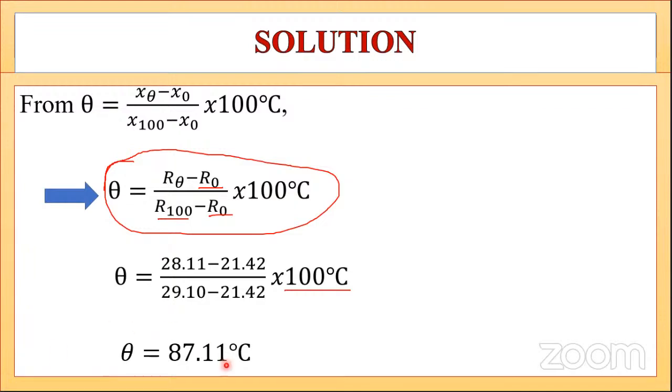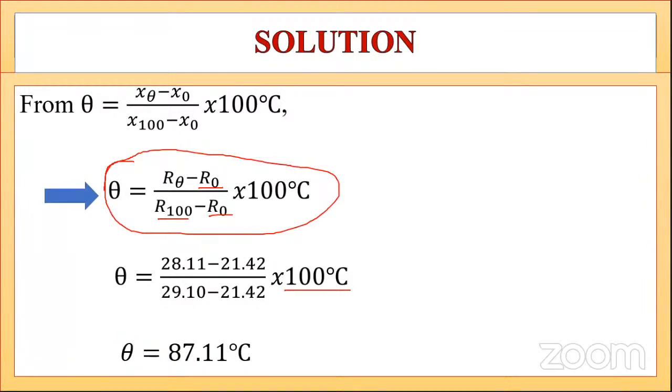It is 87.11 degrees Celsius. Is that okay? Good. Can I move to the next number? Is there anyone with any question on this? Okay, thank you.